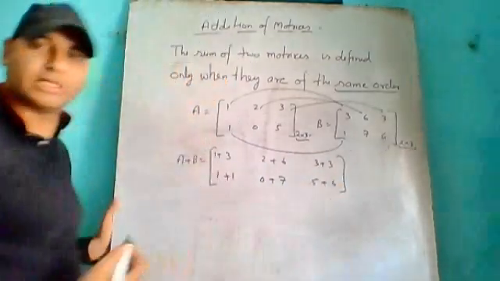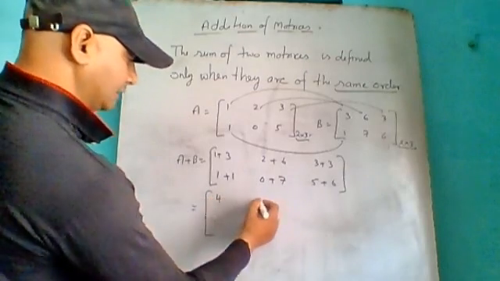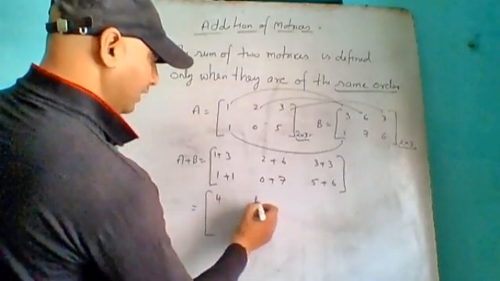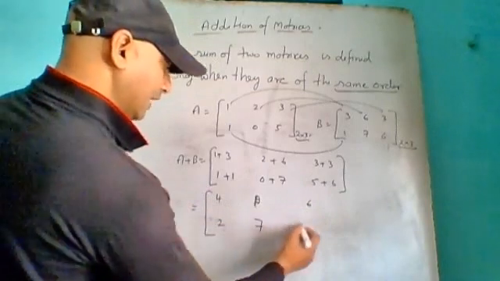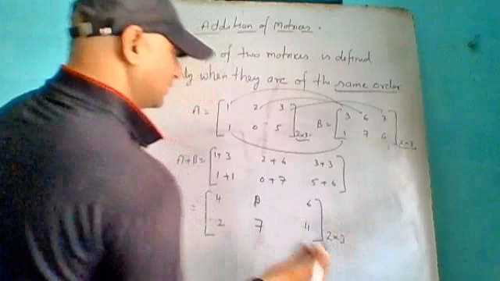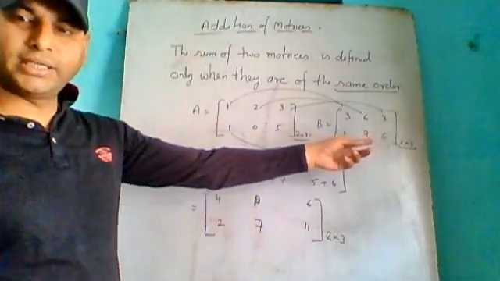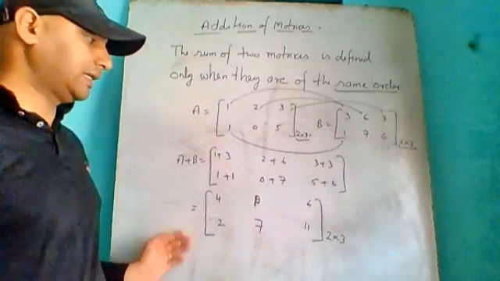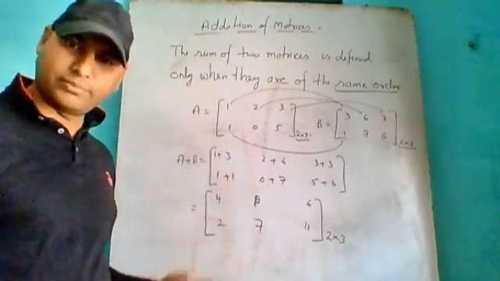This is the sum of two matrices. Simply taking here 4, 6, 8, 6, 2, 7, 7. This is again 2 by 3. Simply, the meaning is that if the order of two matrices is 2 by 3, the resultant matrix is also 2 by 3. This is simply known as the addition of matrices.